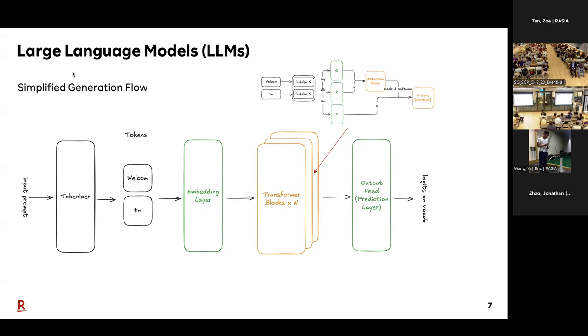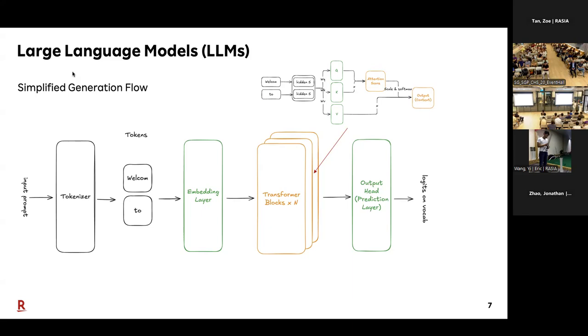The self-attention, as well as a feed-forward network, will form a transformer block. And we have multiple transformer blocks stacked together, which become the main body of a large language model. So this is a simplified generation flow. You have your input prompt, and it goes through a tokenizer and becomes tokens here. I just put "welcome to" here, but it's actually not these two words in real scenarios.